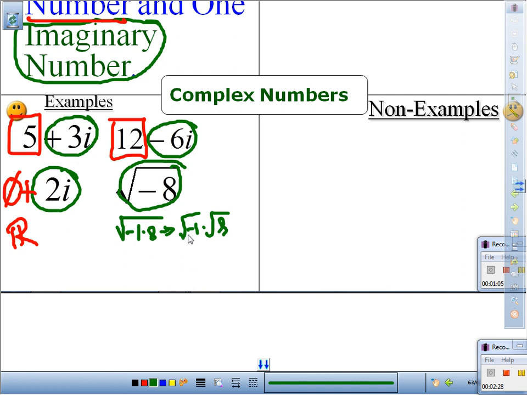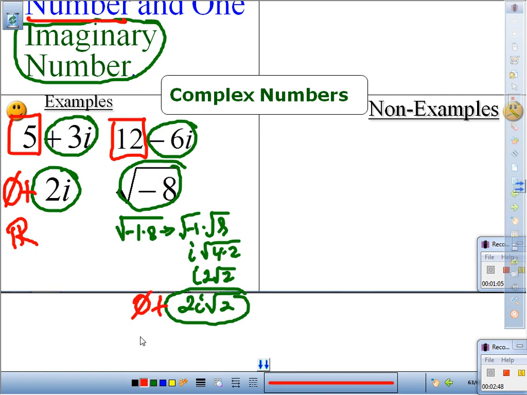What is square root of negative 1? I. Square root of 8 is square root of 4 times 2. What is square root of 4? 2. So square root of 8 is 2 square root 2, times i. So if this is my imaginary, tell your neighbor the real number for this number. 0 is correct. That's my real number. Okay, copy that if you don't have that.